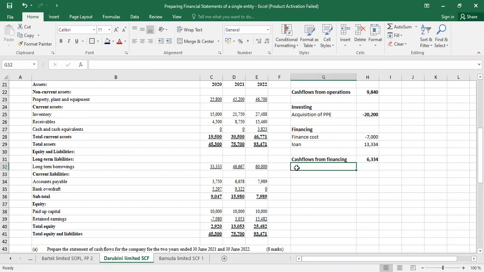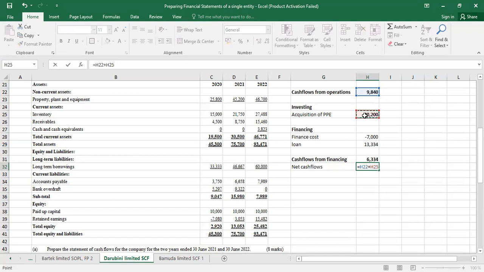Net cash flows. So we go to something serious, net cash flows. The net cash flow will be from operation plus from investing plus from financing. Control enter, control bold. Alt HBP for top border.